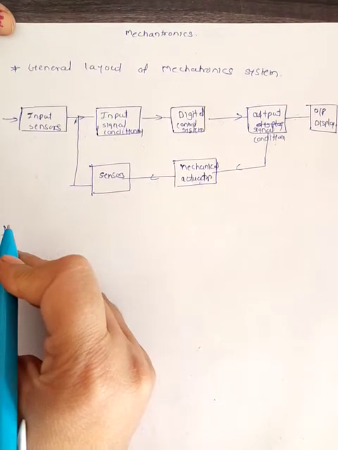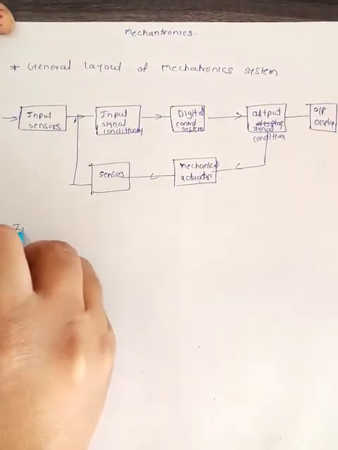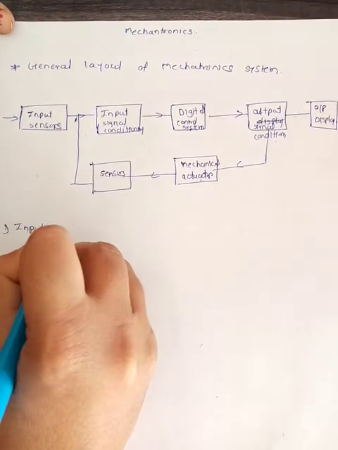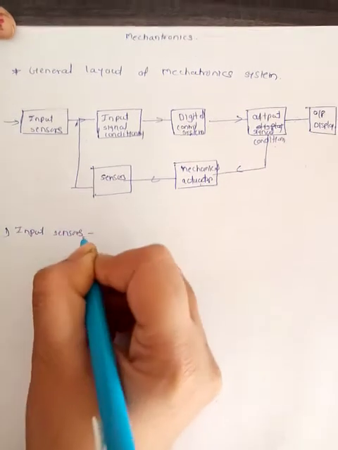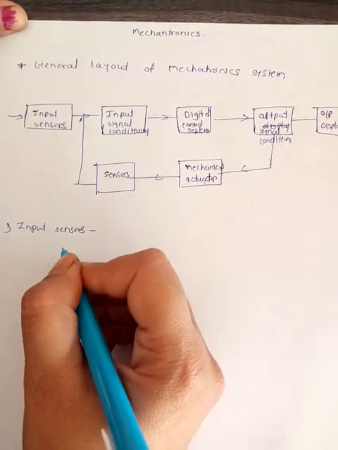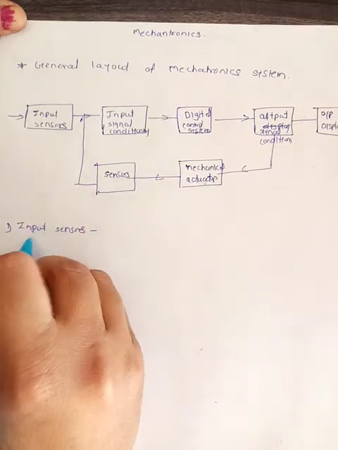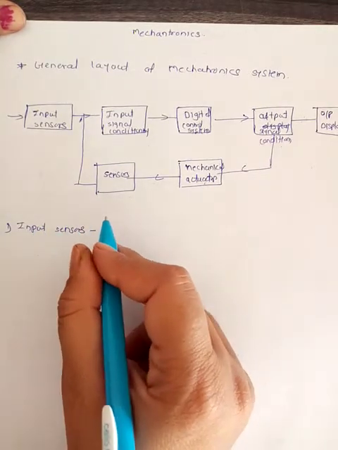Now, what are the details of the individual components of the mechatronic system? First, the input sensor. What is the function of the input sensor?